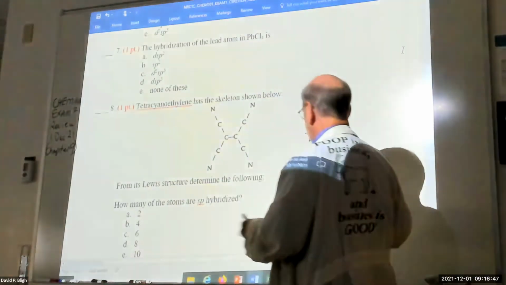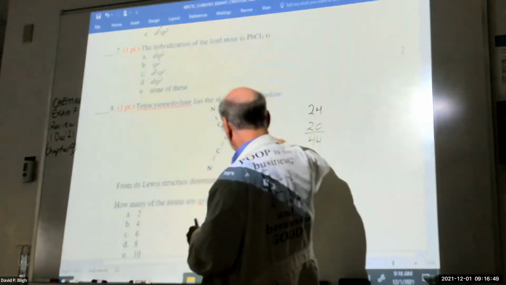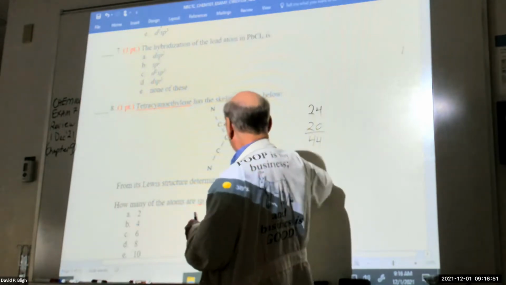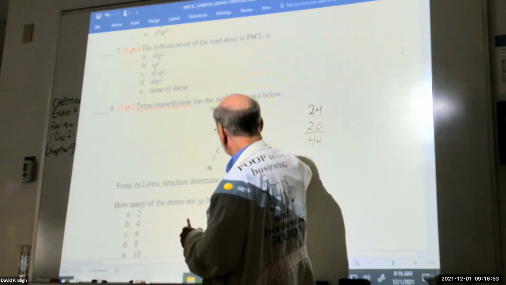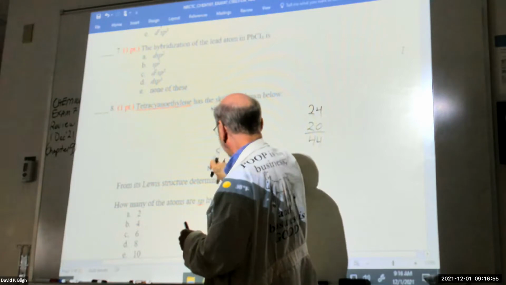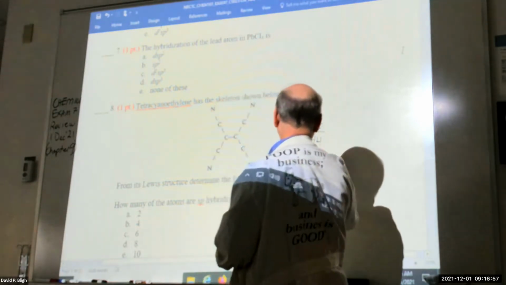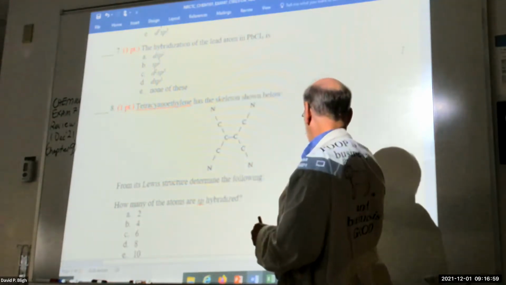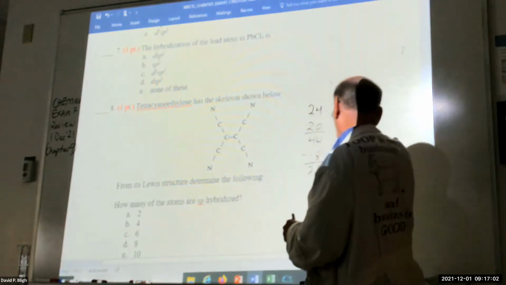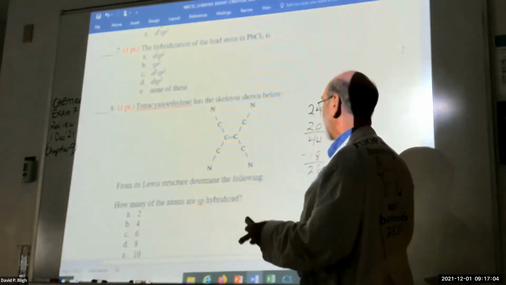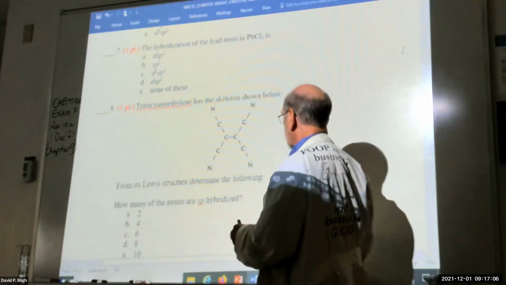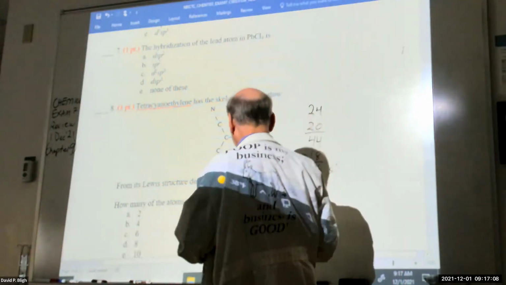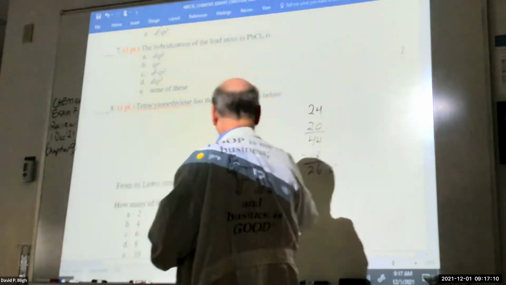Okay, so 44 electrons means that we look at what's the skeleton so far: 2, 4, 6, 8, 10, 12, 14, 16, 18. So that's 18, and 26 electrons yet to be placed. Normally we start from the outside and move in, and that's okay.